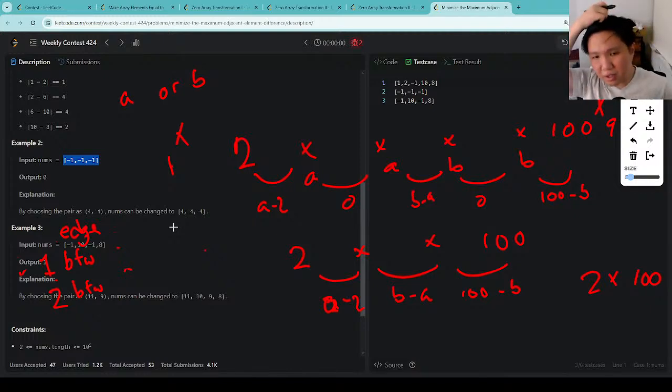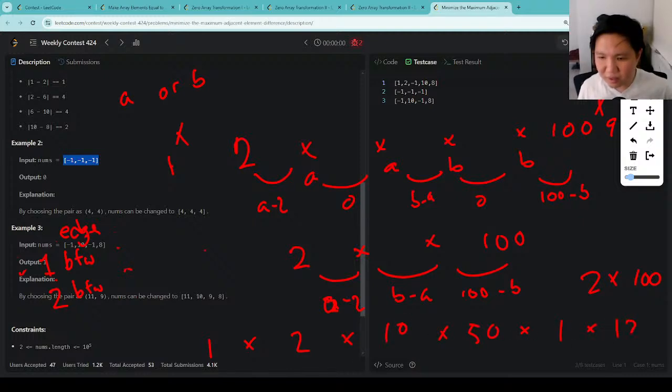This is actually not that easy because you have to use the same A or B. There can be a lot of x's, like 1 x, 2 x's, 10 x's, 50, x, 1, x, 12. All the x's must be from the same pool of A or B. So this is a bit tricky.